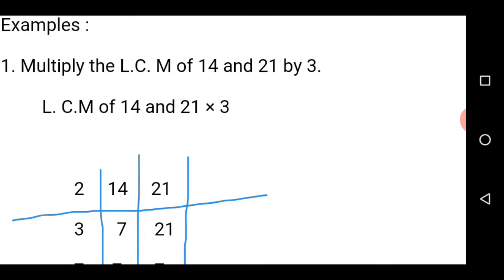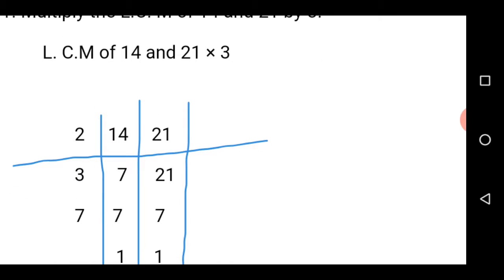Or you can interpret it out by writing it out. That is, you will now write LCM of 14 and 21 times 3. But the first thing you are to do, you are going to find the LCM of 14 and 21. So after that, you will now multiply your answer by 3.